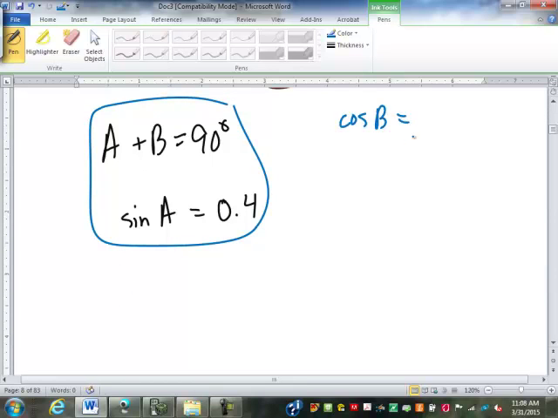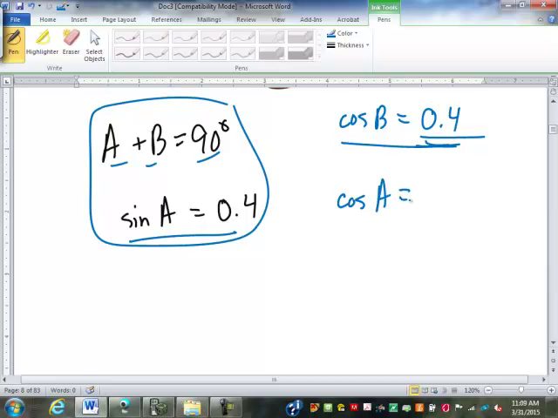What is the cosine of angle B? Just 0.4. A plus B adds up to 90 degrees. That means they're complements. The sine of one is equal to the cosine of the other.